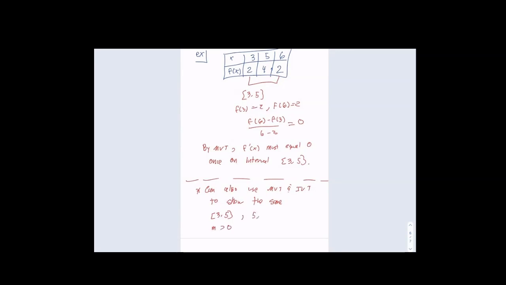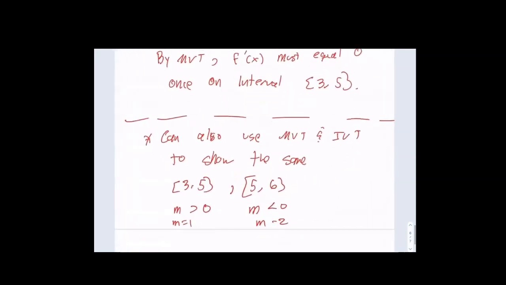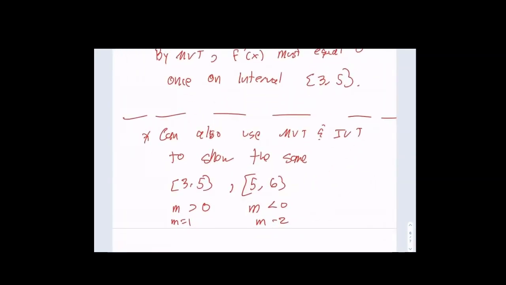And on the interval 5 to 6, the slope is less than 0. Now I can actually calculate the exact slopes if I wanted to. I think the slope is actually equal to 1. And over here, the slope is equal to -2 more specifically. So the actual slopes are 1 and -2.